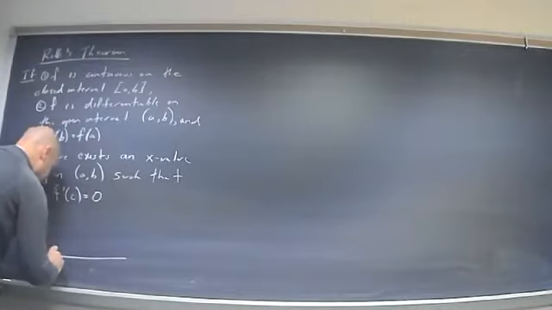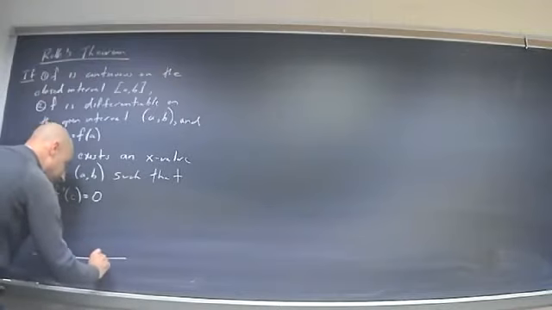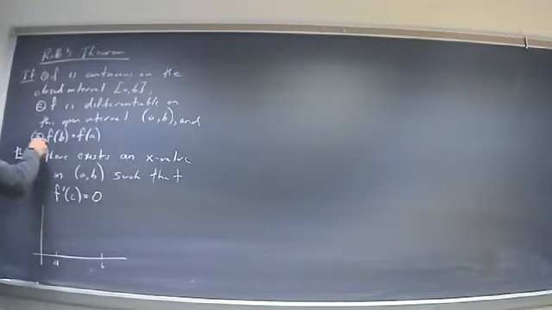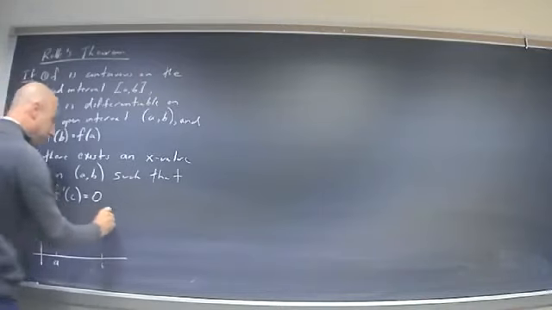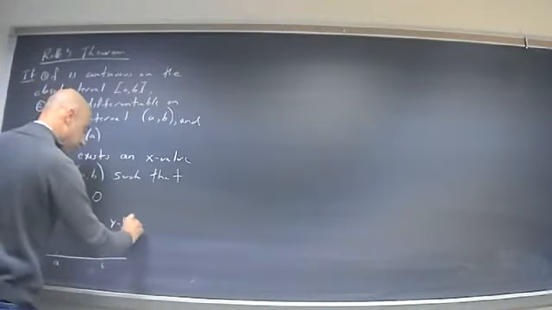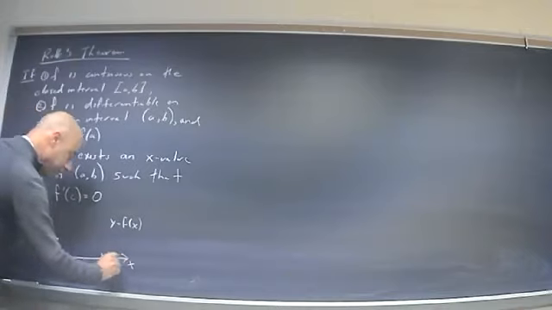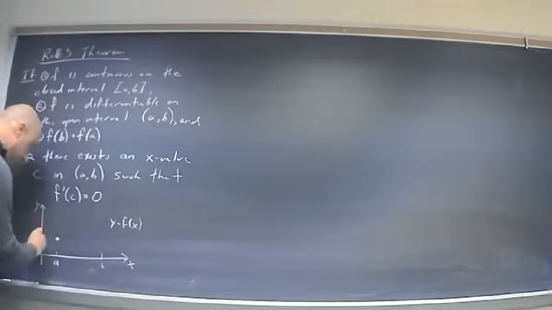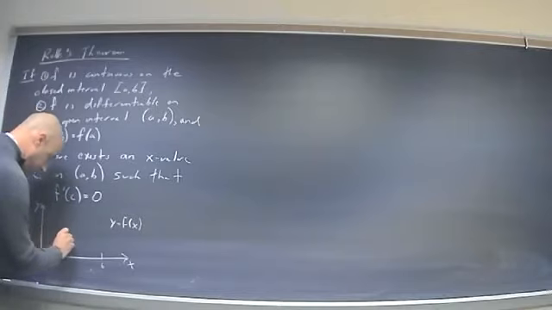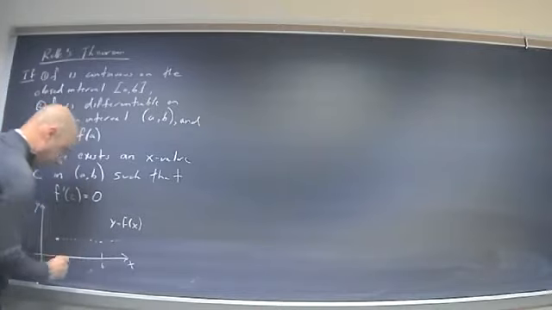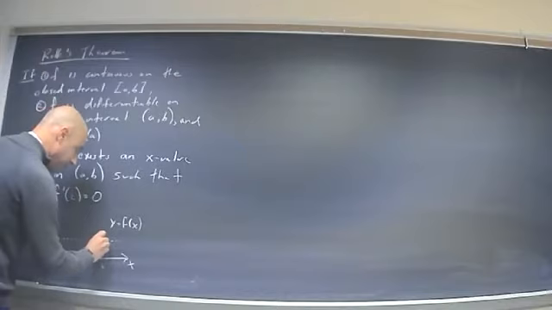So we have these two x values, A and B. According to hypothesis 3, the curve is at the same height at these two endpoints. So whatever height we're at, height A at x equals A, we're at the same height once we get over here.